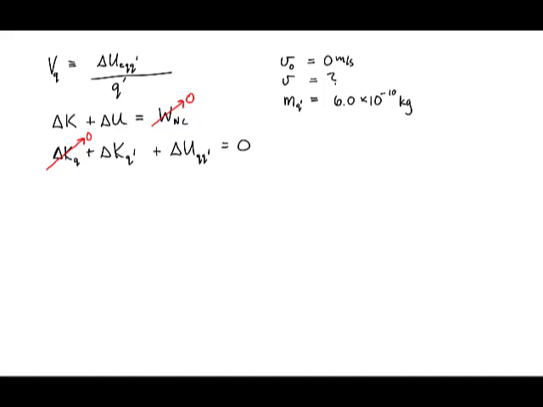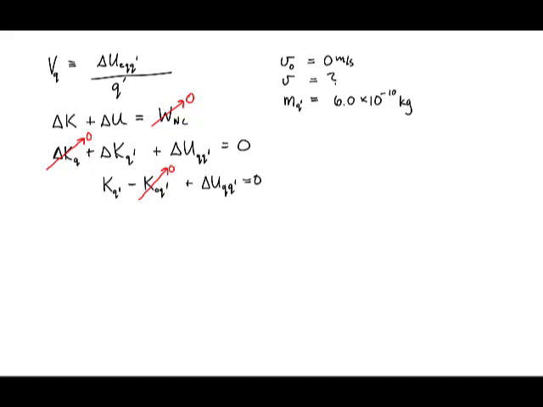This leaves us with the change of kinetic energy for charge Q prime, and that is its final kinetic energy. Then this is plus the change in its potential energy. Since Q prime starts from rest with 0 speed, it has zero initial kinetic energy.